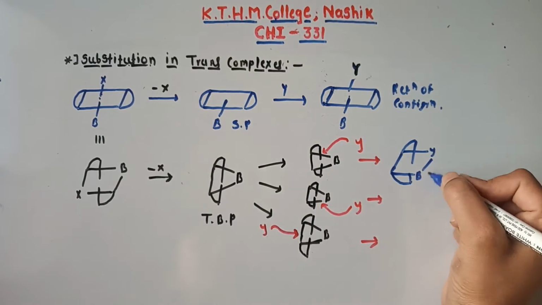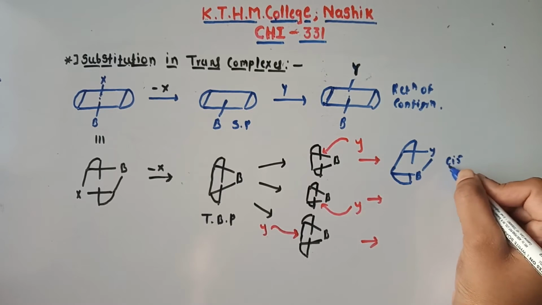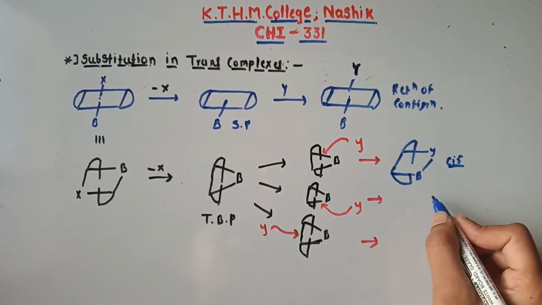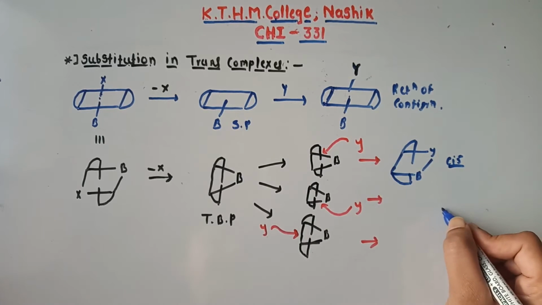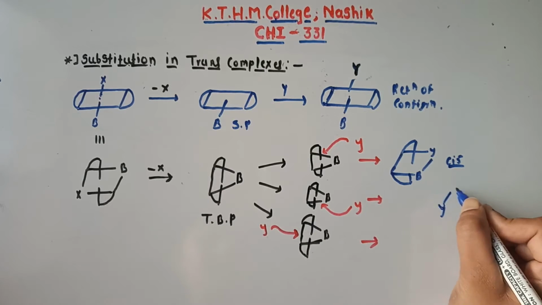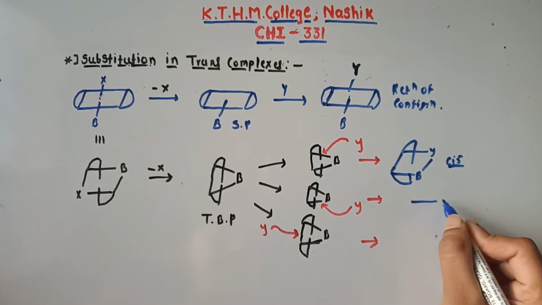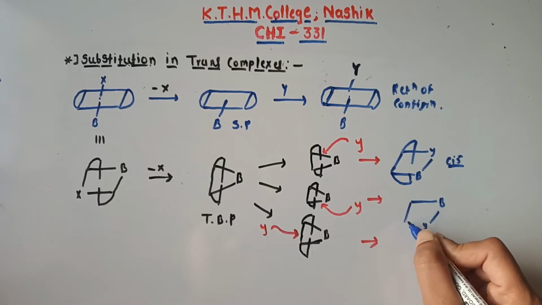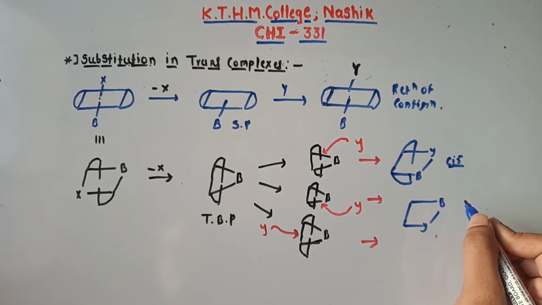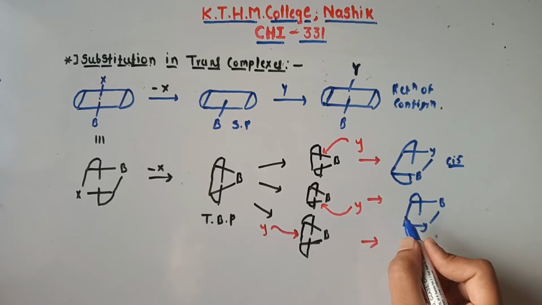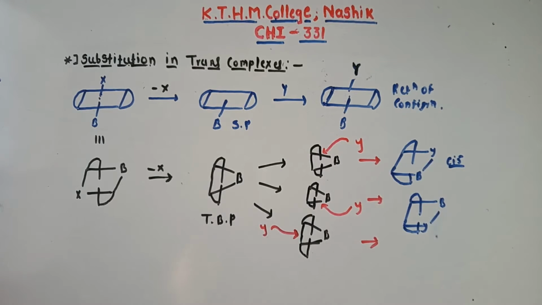Okay, this is nothing but B and Y at the cis position, so we get the cis product here. When Y attacks from this side, again we get a cis product. Okay, but when Y attacks from this side, now in this case we get a trans product.